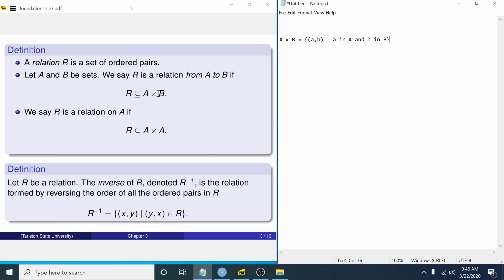Let's just say that all of the elements in the first component live in a set A, and all of the elements in the second component live in a set B. Well, then that relation R consists of ordered pairs that are inside of the Cartesian product of A and B. So this definition here is actually completely equivalent to the first definition. A relation is simply a set of ordered pairs, but that's equivalent to saying that R is a subset of A cross B for some sets A and B. And when R is a subset of A cross B, we say that R is a relation from A to B.